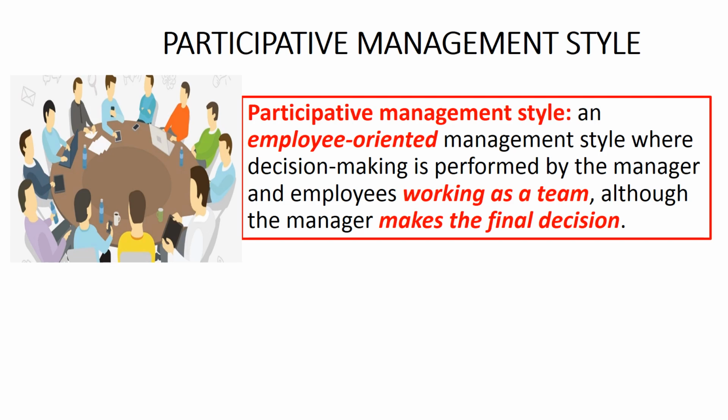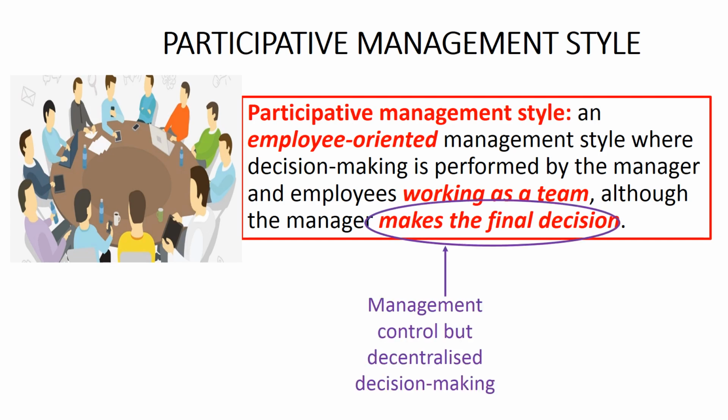These highlighted words refer to each of the three characteristics that are used to describe the different kinds of management styles. You can see that this definition expressly refers to this management style as being employee-oriented. The reference to the manager making the final decision is a reference to a characteristic of this management style as being that the manager retains the authority to make decisions, but decision-making is decentralized.